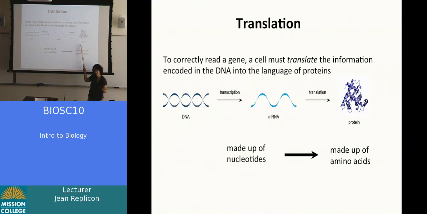That's different. So we're going from a language of A's and C's, etc., and we're going to another language of glycine and proline and valine and all these amino acids. So there's a translation that has to happen. And we're going to have a translator, too. Those lucky people that can speak 2 languages. That's what we'll see here.